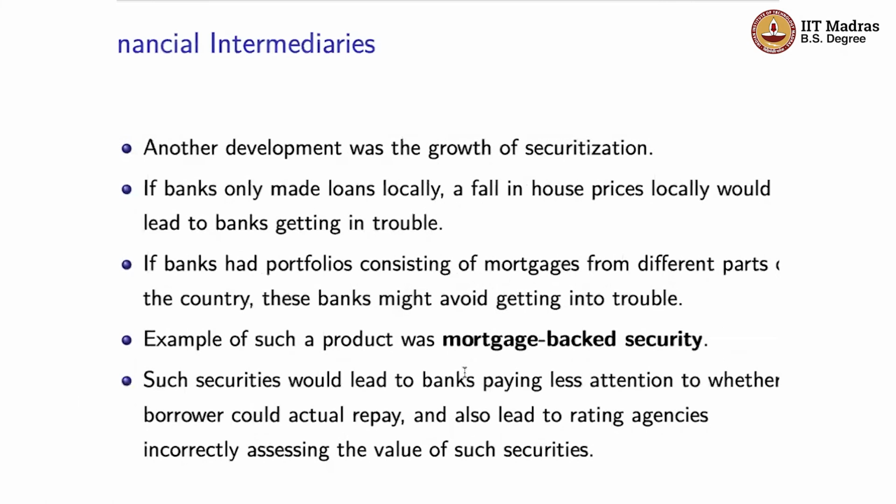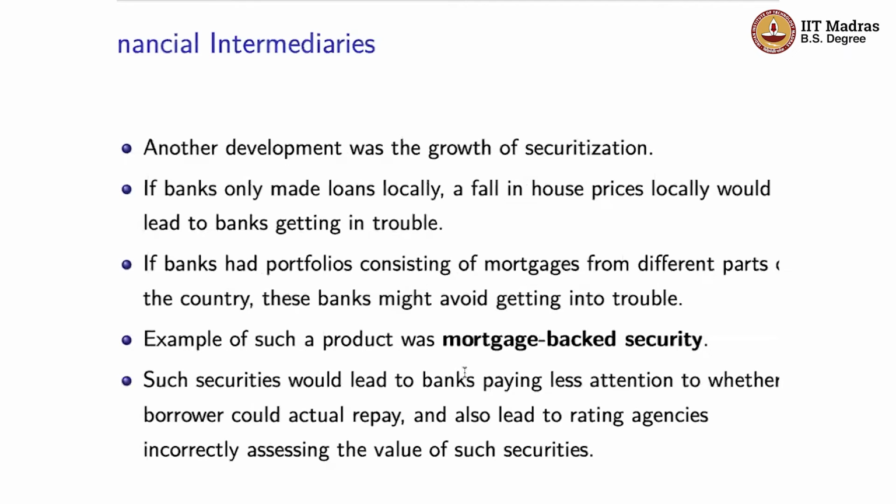And another development that happened at this time was this growth of securitization, right? Now, if banks are only making loans locally to different entities, then a fall in house prices locally would just lead to these local banks getting in trouble.